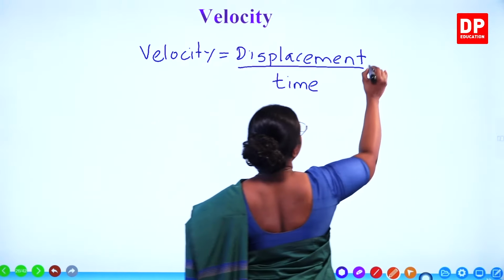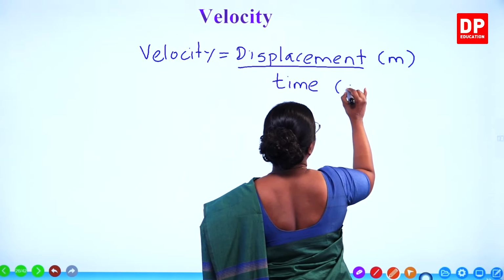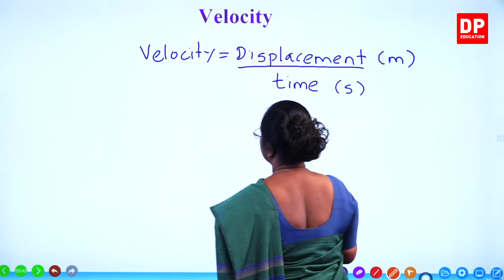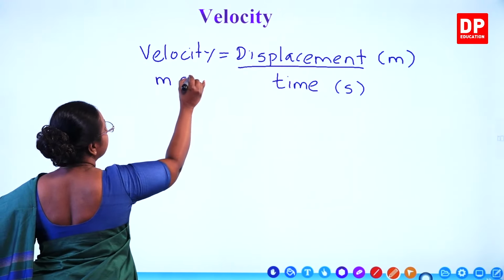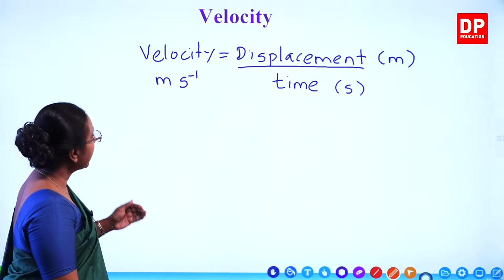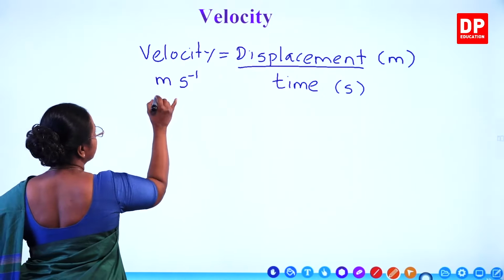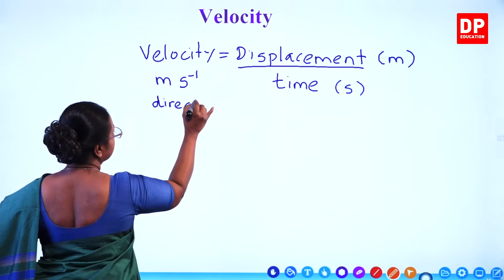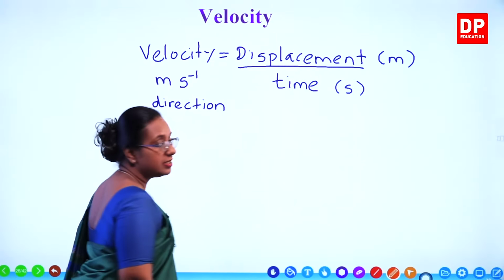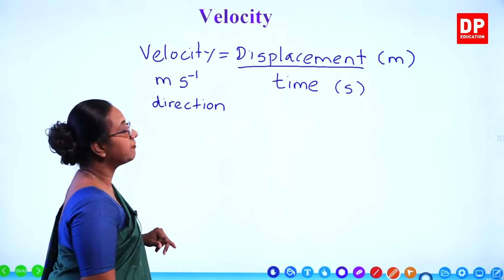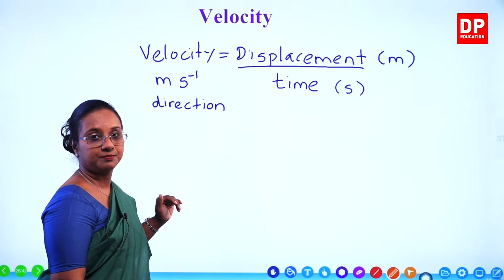So displacement will be written in the unit meters and time will have the unit seconds. Therefore, velocity will have the unit meters per second like speed, but this will have a direction. So like how we denoted displacement, we will also have to consider the direction of velocity.